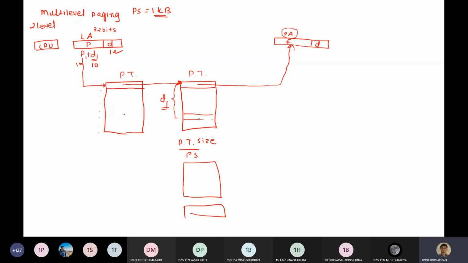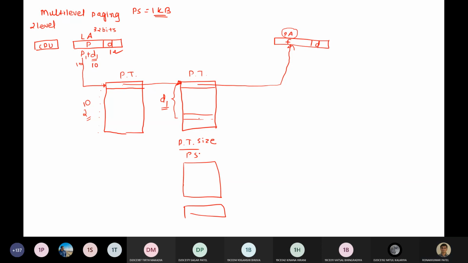This is only one page table, the outer page table, and all these page tables, because here how many entries are there? 2^10 entries are there. So this will store the addresses of 2^10 page tables. So do I need to load 2^10 page tables?